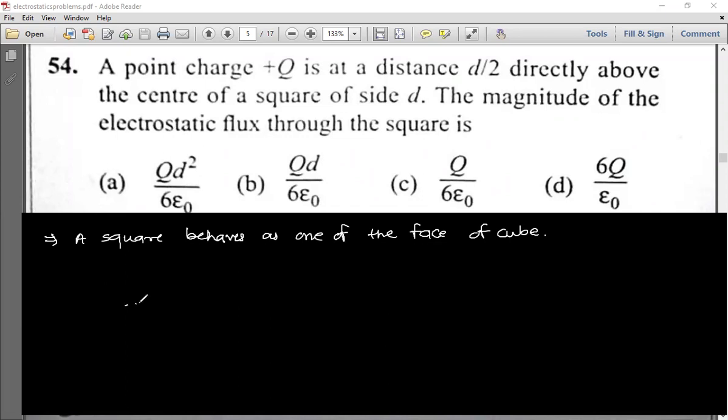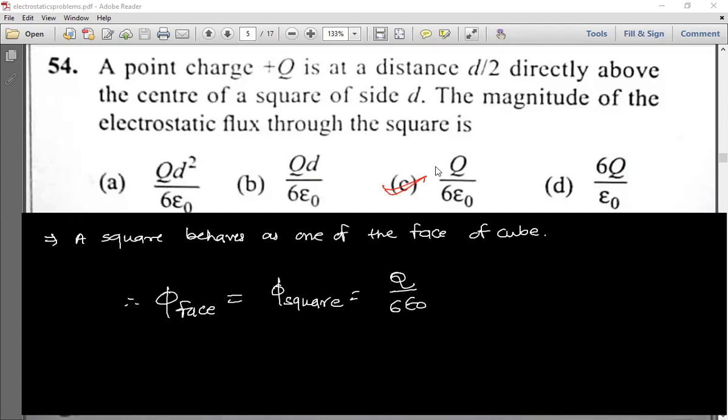And therefore the flux through one face, or even the flux through one square plate, is Q by 6 epsilon naught. Just some time before we have learned this. So option C should be the answer.